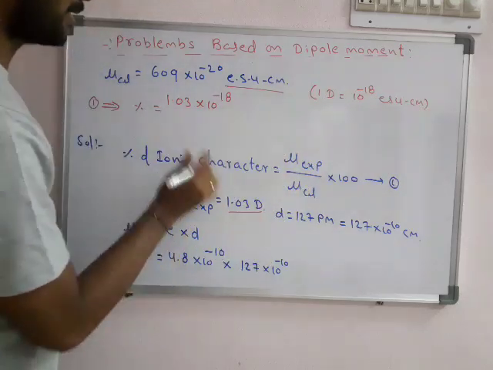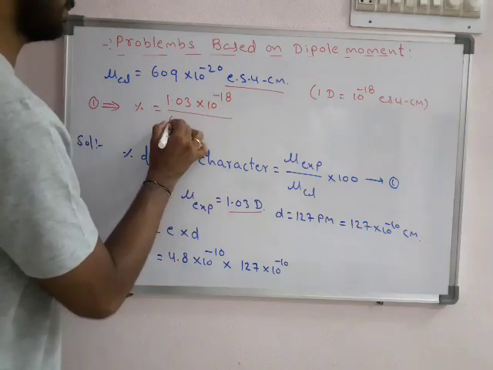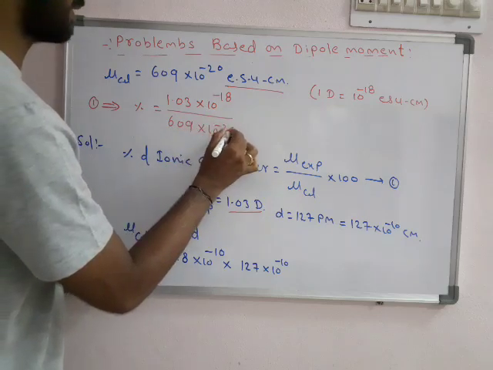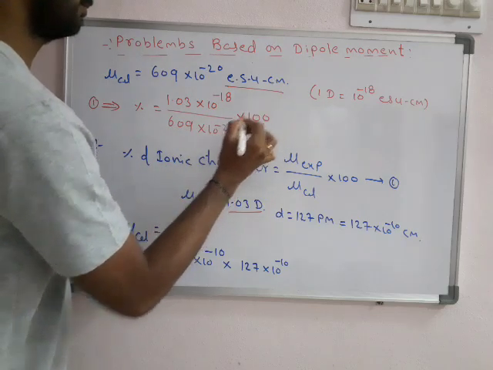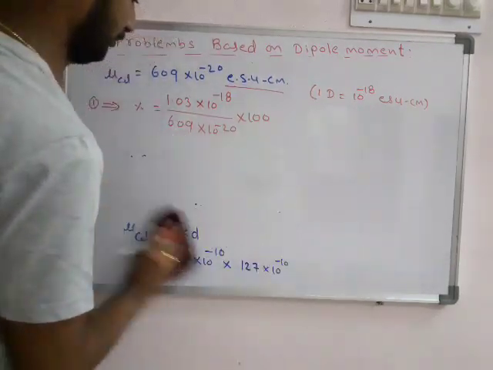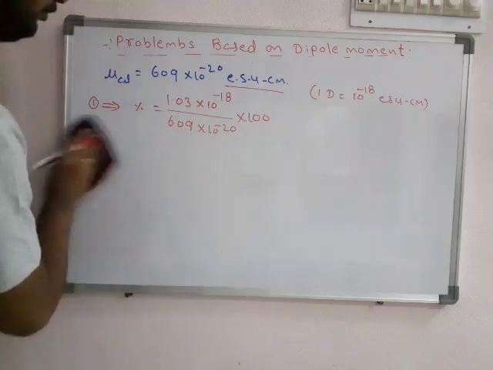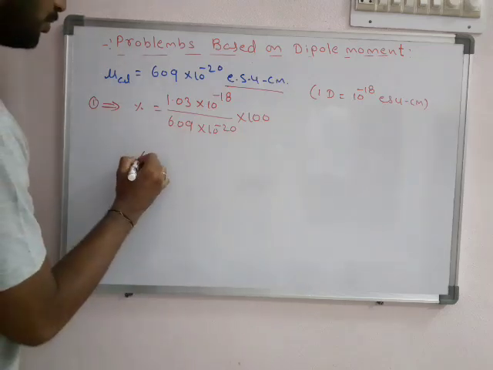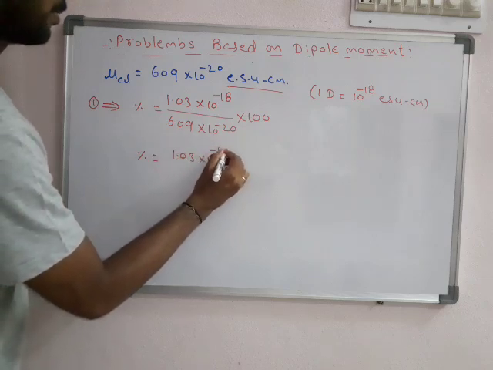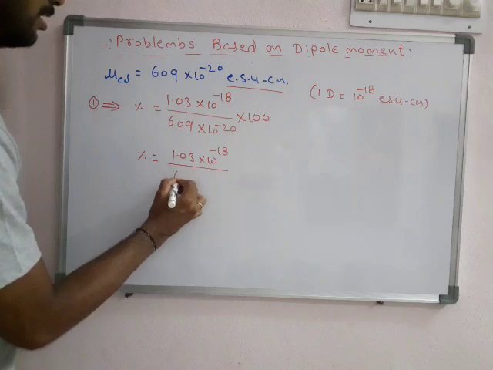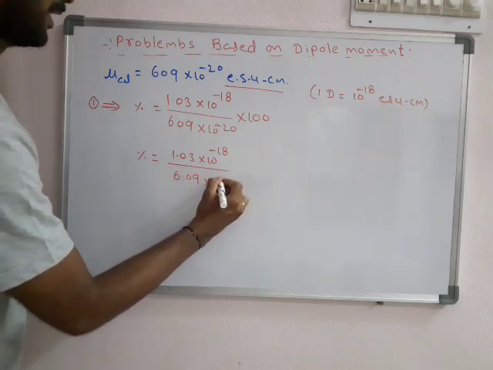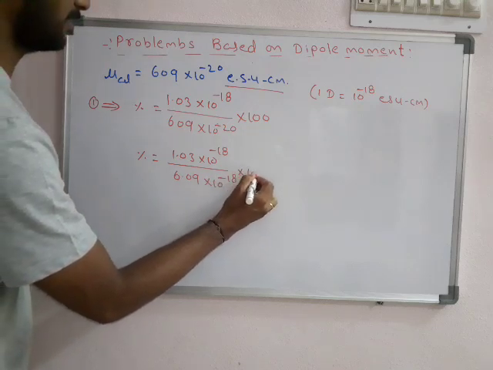So the percentage equals 1.03 into 10 to the power of minus 18, divided by 609 into 10 to the power of minus 20, into 100. It can be written as 6.09 into 10 to the power of minus 18.